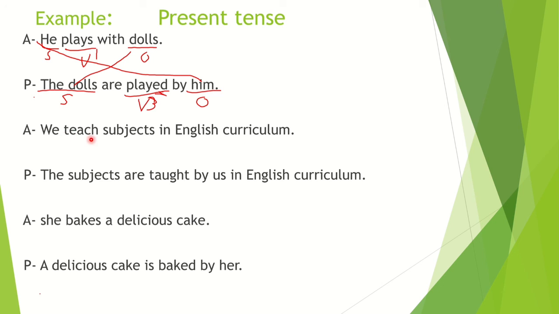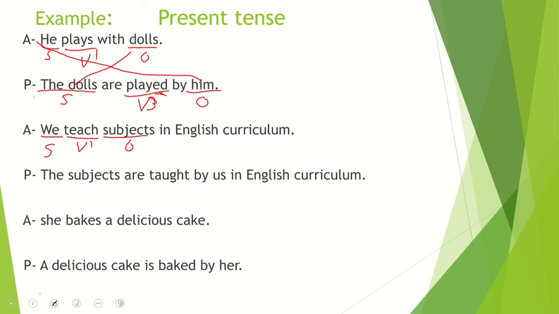Let us see one more example. For example, come here. We teach subjects in English curriculum. Now, subjects is our object, and we is our subject, and teach is our main verb, that is the base form of the verb, the first form of the verb.